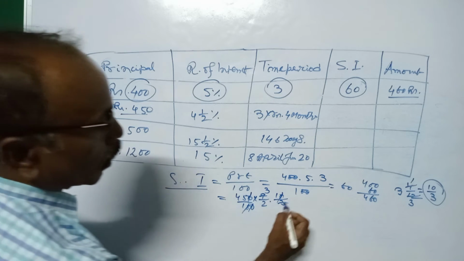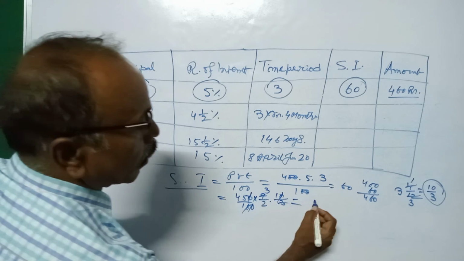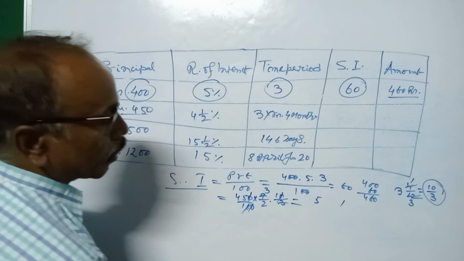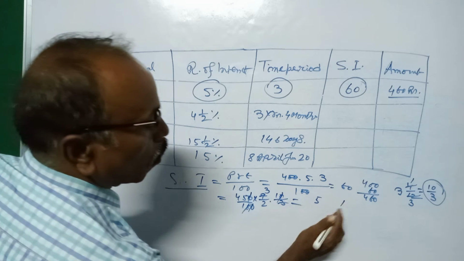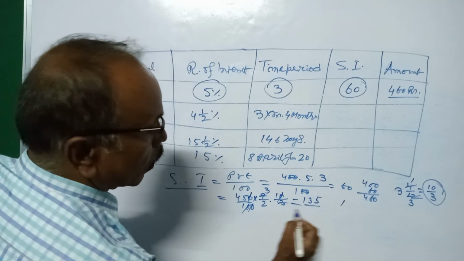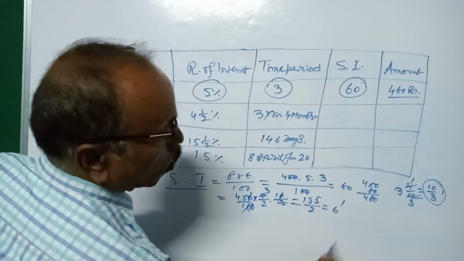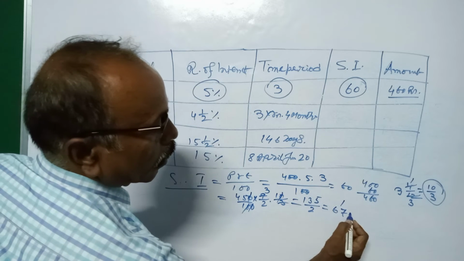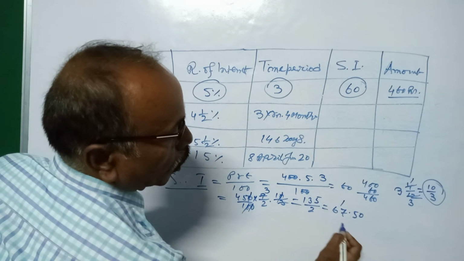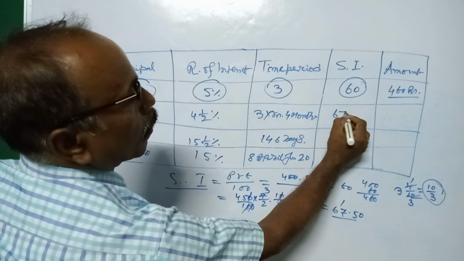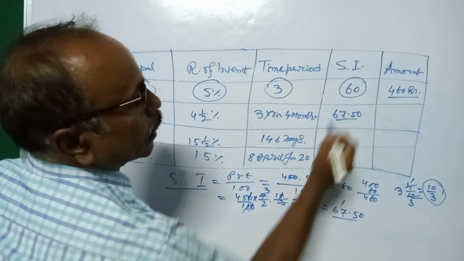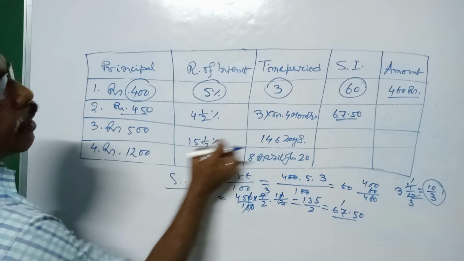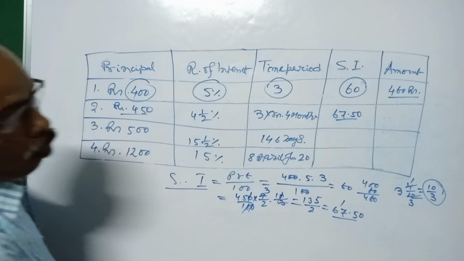Now it will be 3 5s are 15, in hand 1, 3 4s are 12, 13, divided by 2 is equal to 2 6s are 12, 2 7s are 14, 2 5s are 10, 67.50. This is the simple interest of 450 at 4 whole 1/2% for 3 years and 4 months.